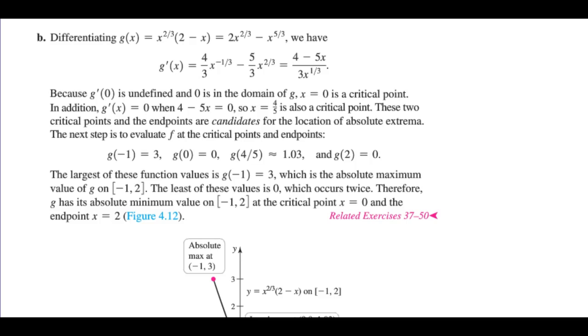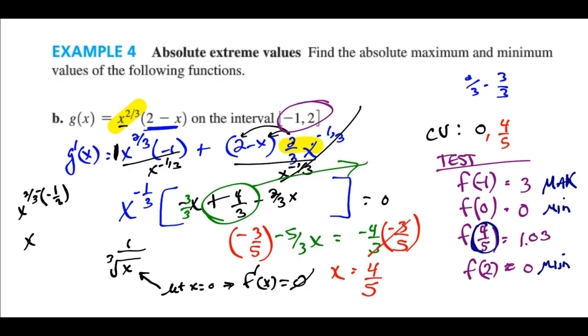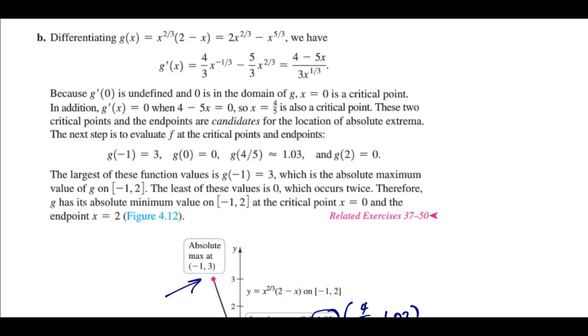And then I had the 1 point. Yeah, I had the 1.03. So good. I just had it as 4/5, 1.03. Same. Good. Now, did I find this one? Negative 1, 3? Yes, I did. There's the max. So, and I had 2 mins.